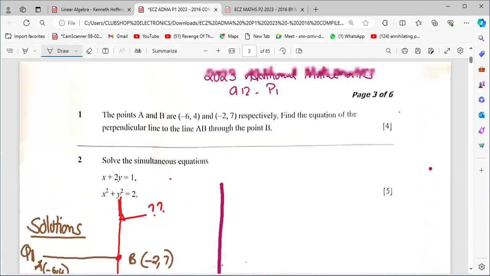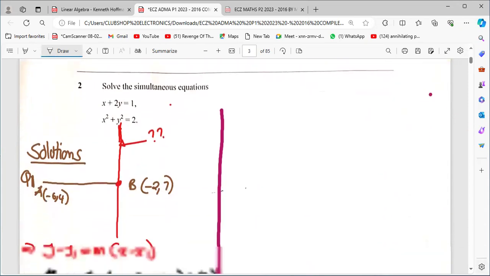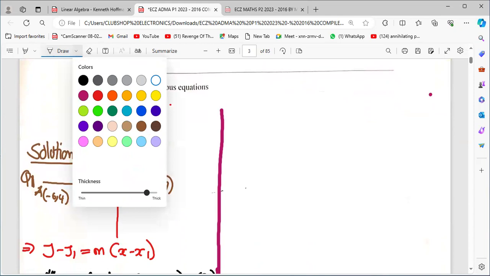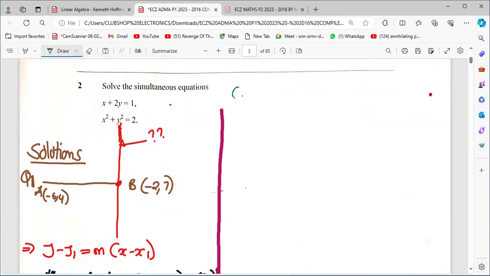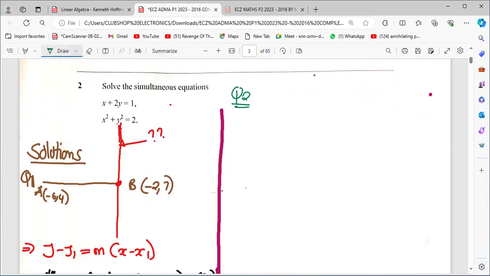Then we go to question 2. We have x plus 2y giving us 1, and this is our first equation.